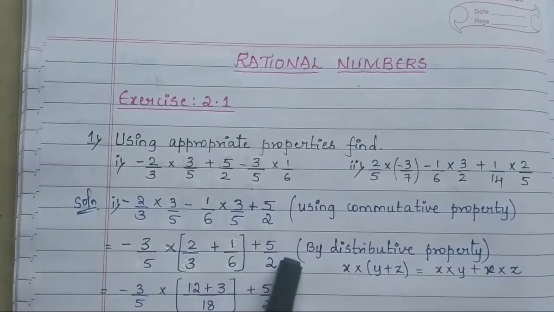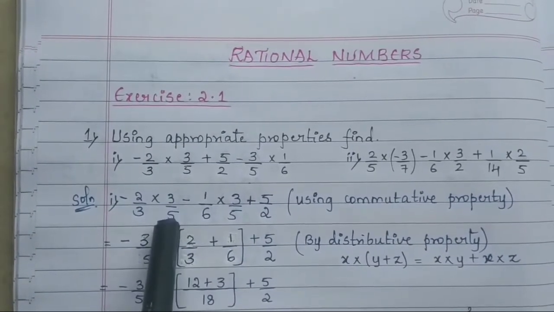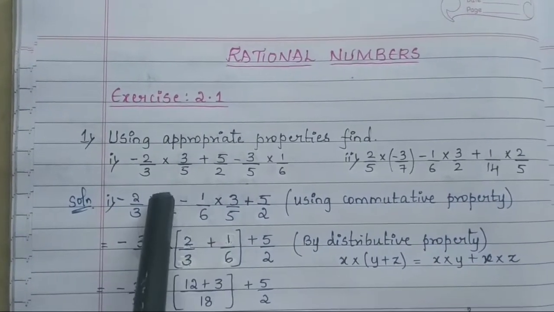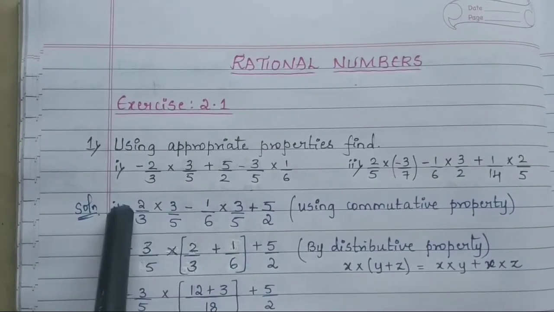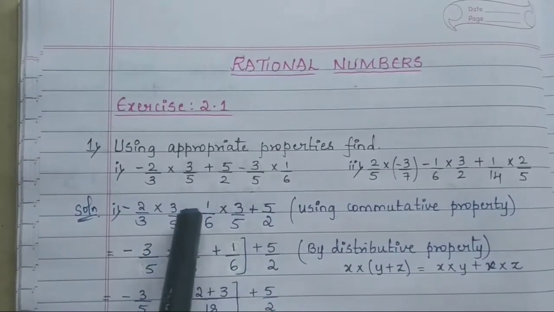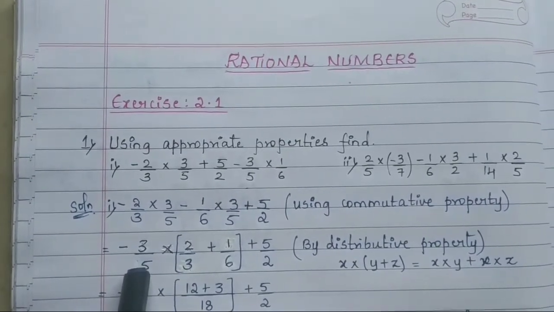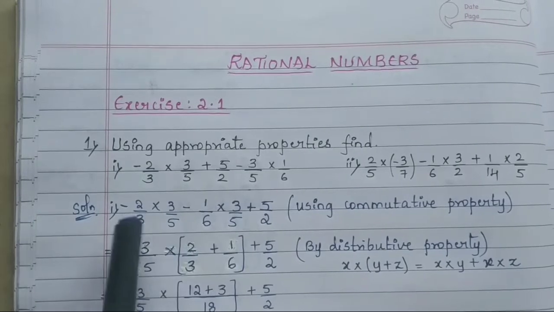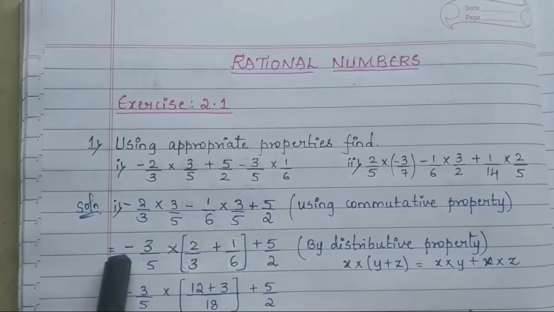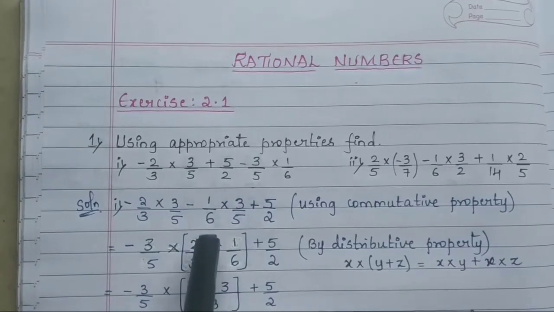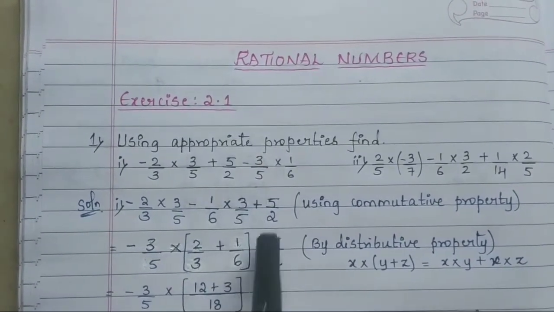Next, what we have done here is we will take this 3 by 5 common with a minus sign. You can see both sides have a minus sign before multiplication. So minus 3 by 5 we keep here, into what is remaining with us, 2 by 3, plus, as we have taken minus common, we are left with plus 1 by 6, and this remaining part plus 5 by 2.